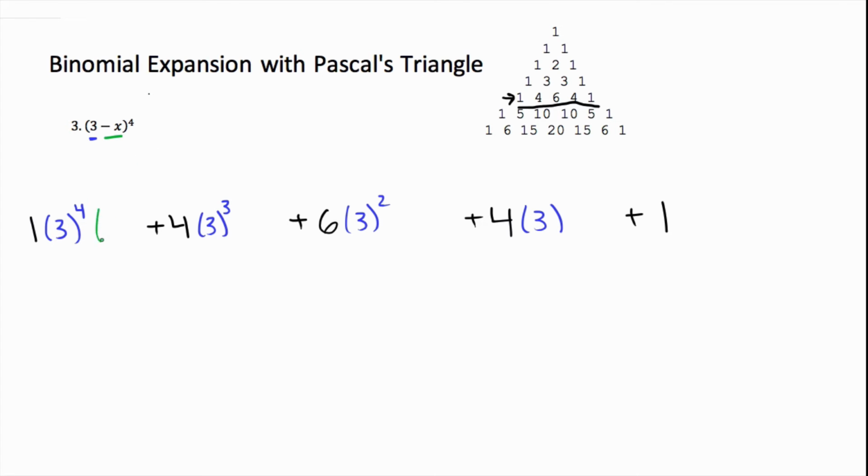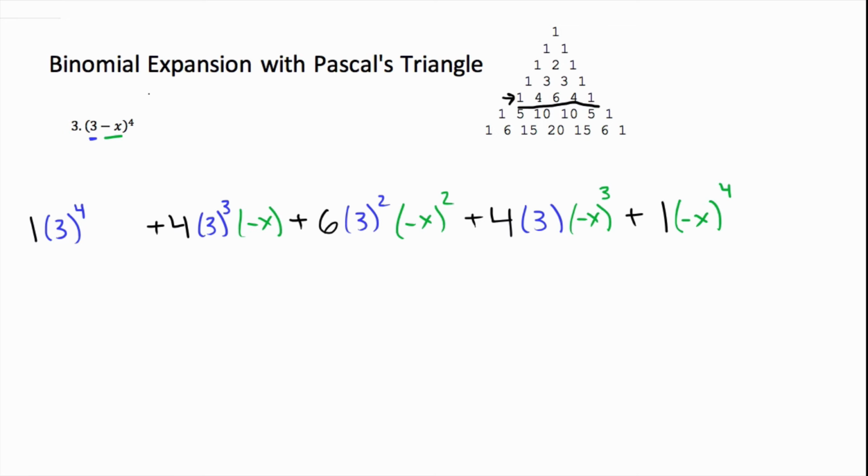So this will be minus, starting from the other side, minus x to the fourth, minus x to the third, minus x squared, minus x, and nothing on that first term.